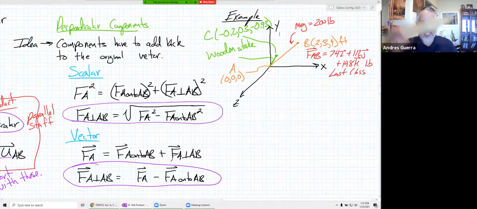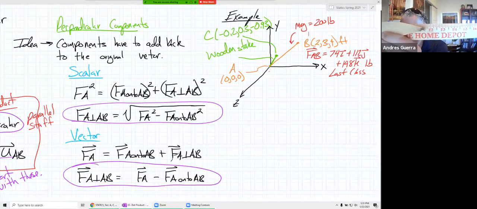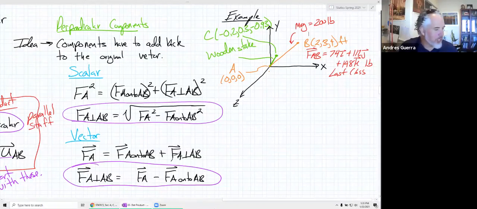And actually this stake is exactly 1 foot long. If you put it on here, it's like barely shy of the 12 inches right there, but we'll just assume it's exactly 1 foot.